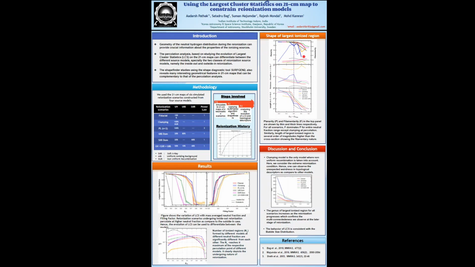Hence, we can observe the filamentary kind of nature mainly after percolation for all reionization scenarios. But here also the clumping is showing some kind of weird behavior, which is obvious because this is the only one where non-uniform recombination or extreme reionization has been considered. We have also found that the genus of the ionized region also increases as the reionization proceeds, which confirms the multi-connectedness we observe at the later stage of reionization.